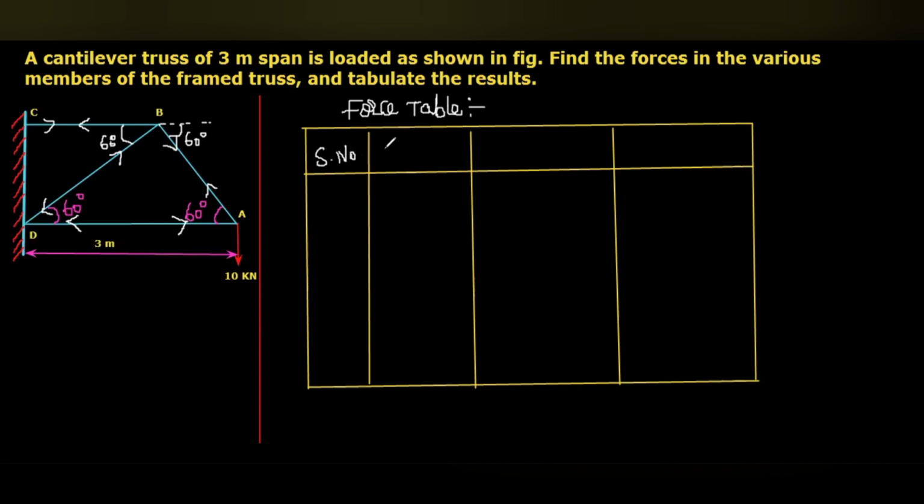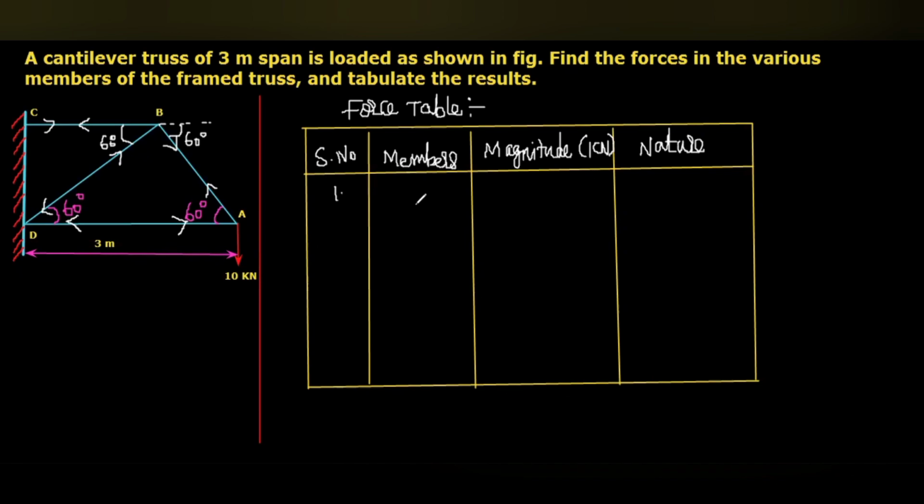Serial number, then members. What are all the members in the truss or frame? Then the magnitude of the force in terms of kilonewton. Then its nature, whether tensile or compressive.